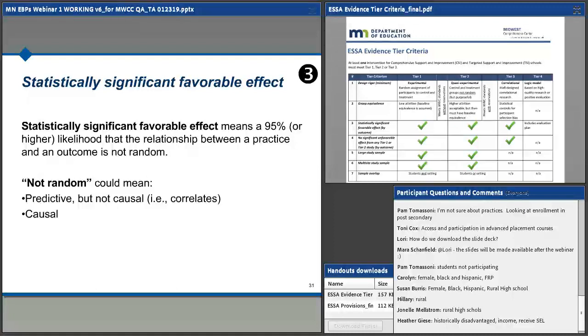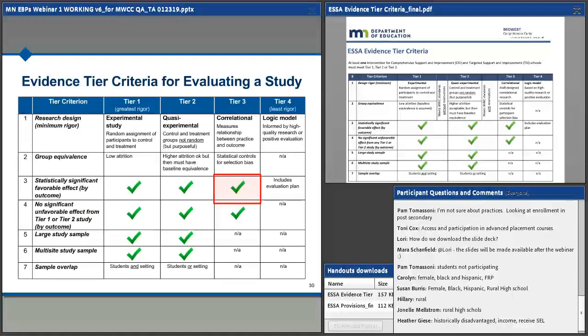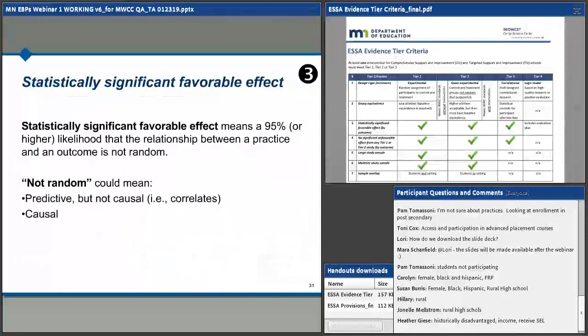That's the difference between predictive and causal. The causal relationship is between the fabric of the raincoat and the skin itching, obviously. So that's the distinction we want to make there. But we know, again, that for tier 3, it can be either predictive or causal, either one.